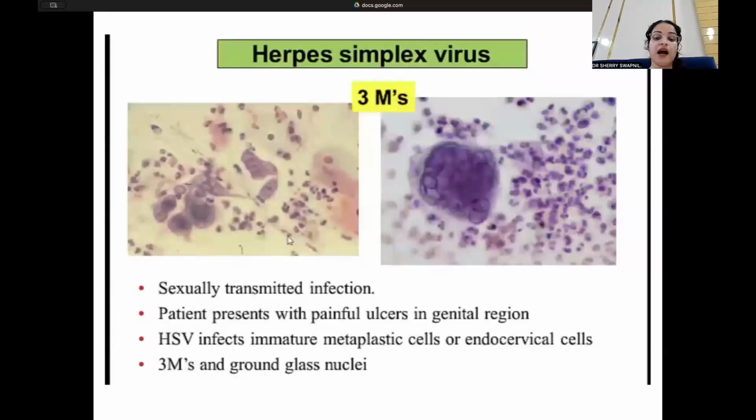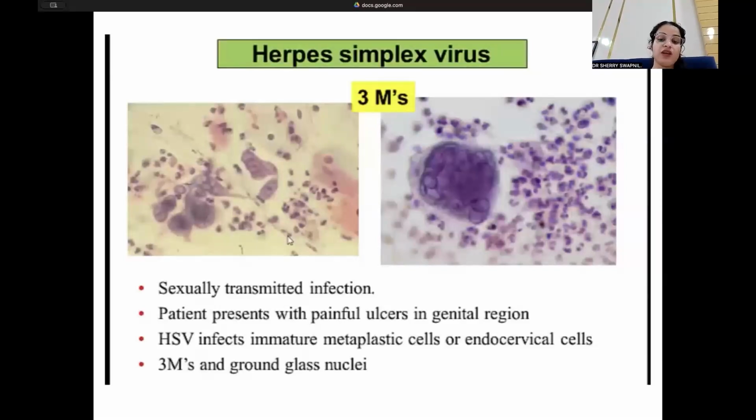Now herpes. Early stages of herpes infection can be confused with low-grade LSIL. So basically it's a sexually transmitted infection. Patient generally presents with painful ulcer in genital region. Generally it involves the metaplastic cells as well as the endocervical cells. So there are 3 M's in the herpes infection. This is a case of full-blown herpes infection where you can see Cowdry type A bodies.